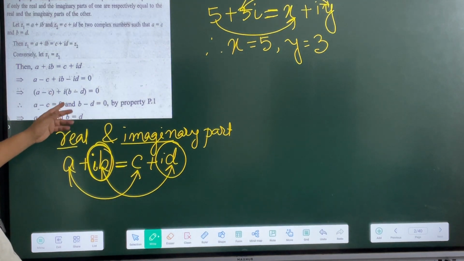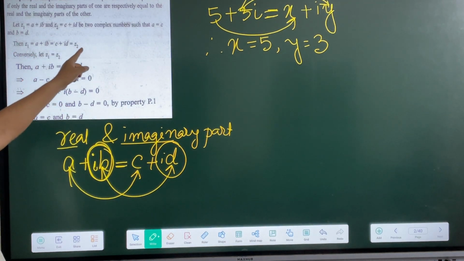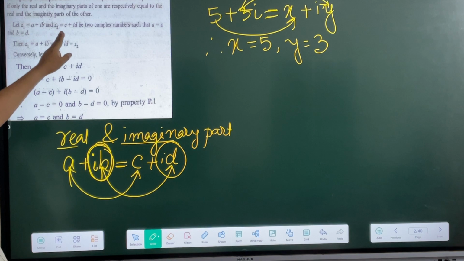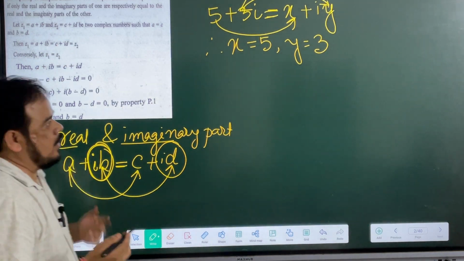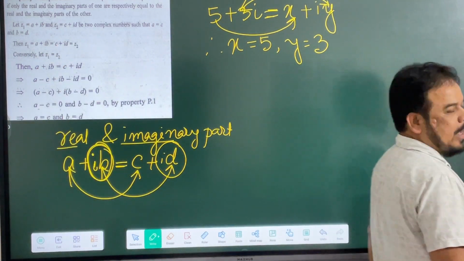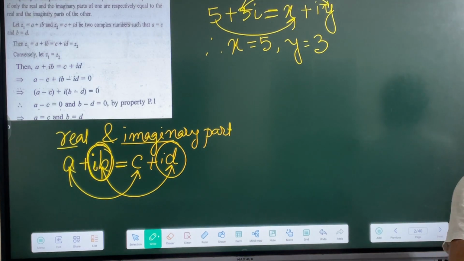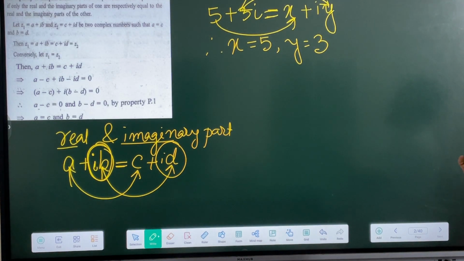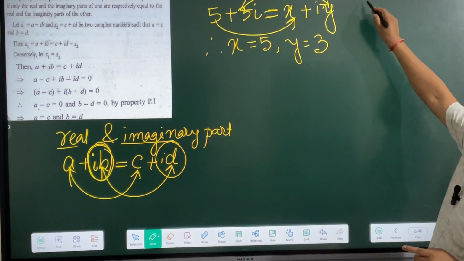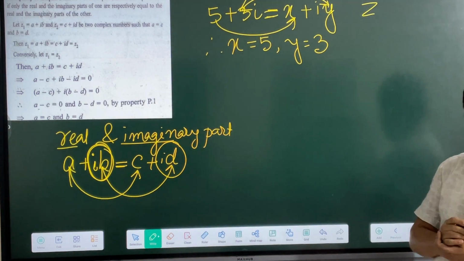So here it is shown how two complex numbers are taken, Z1 and Z2. So why Z1? When we do algebra, suppose the sum of two digits is 5, then we take one digit as x. So in general maths, while doing equations, we generally use the letter x, but in complex numbers we use the letter z.